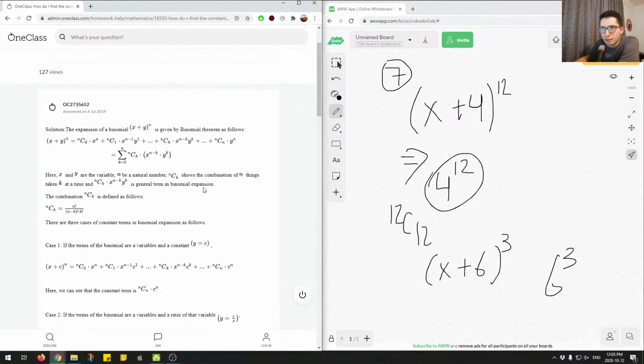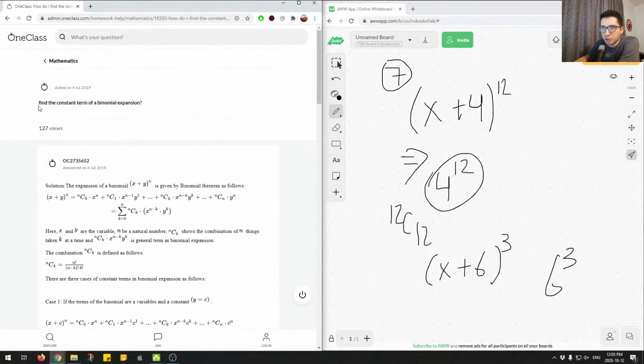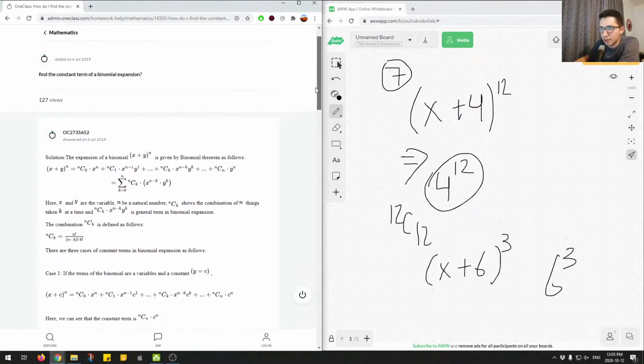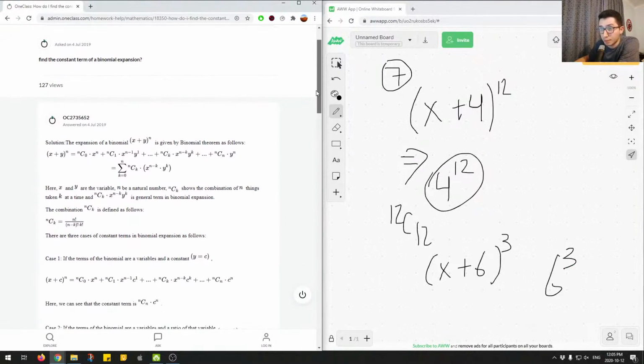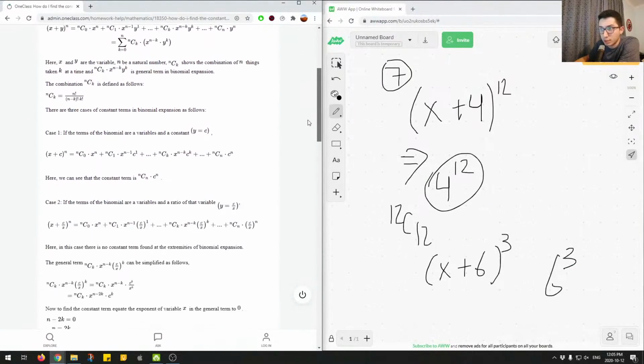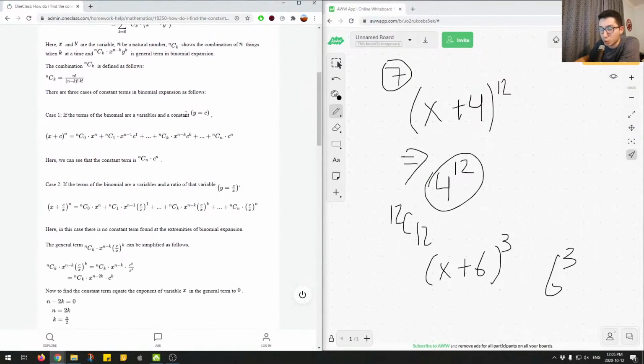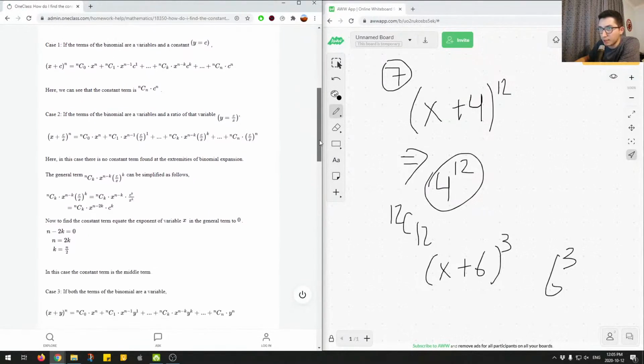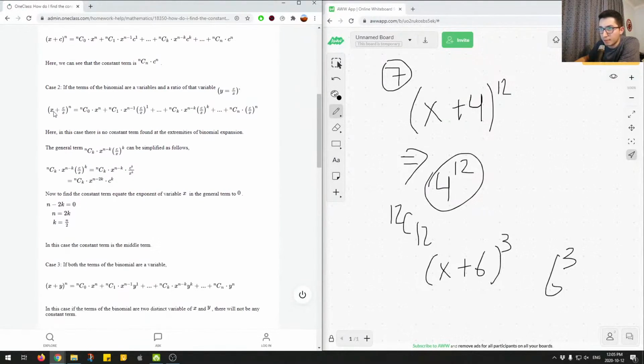The main thing to keep in mind for answering this question, find the constant term of the binomial, is firstly identifying what format the binomial is in, and then using the 3 cases. Case 1, where we have x plus c to the n, to evaluate the constant term, which will be found at the end of the binomial expansion. Case 2, where we'd have x plus c over x.